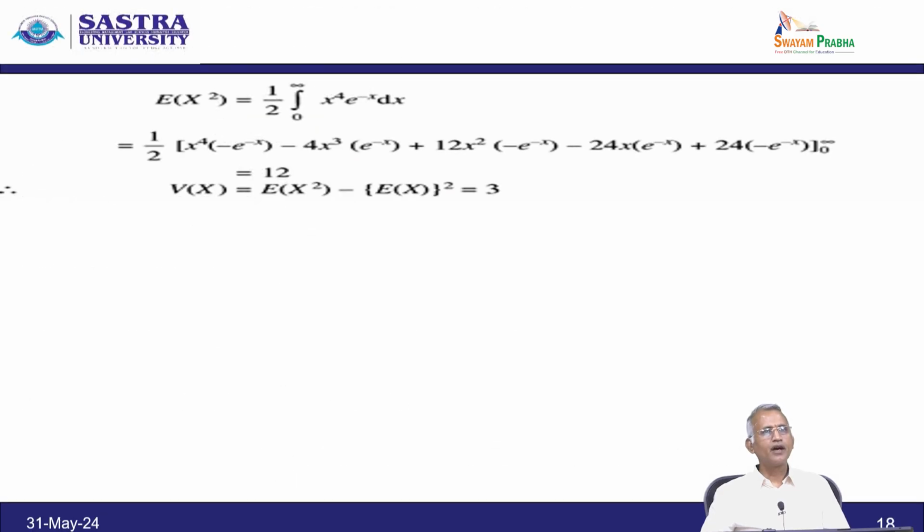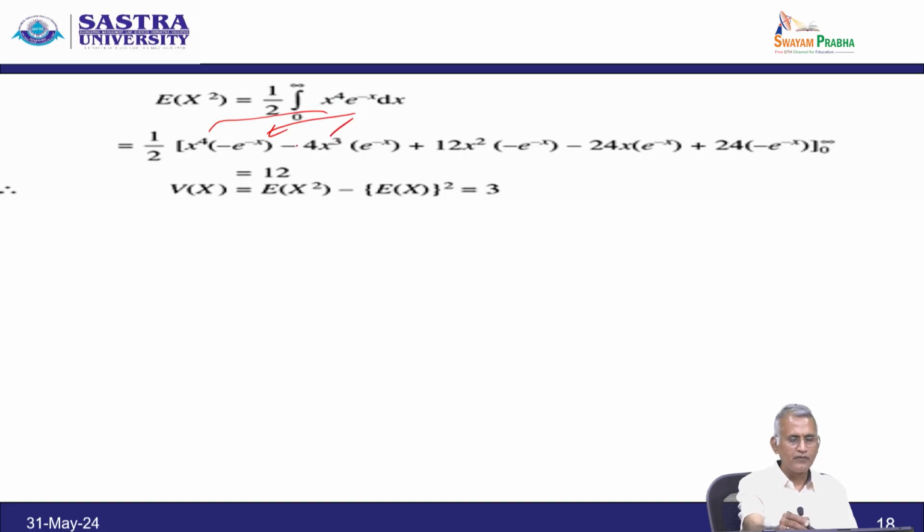So e of x square equal to half into the integral from 0 to infinity of x power 4 into e power minus x dx. Once again integration by parts: keep x power 4 as it is, integrate e power minus x to get minus e power minus x, and x power 4 is differentiated to 4x cube.